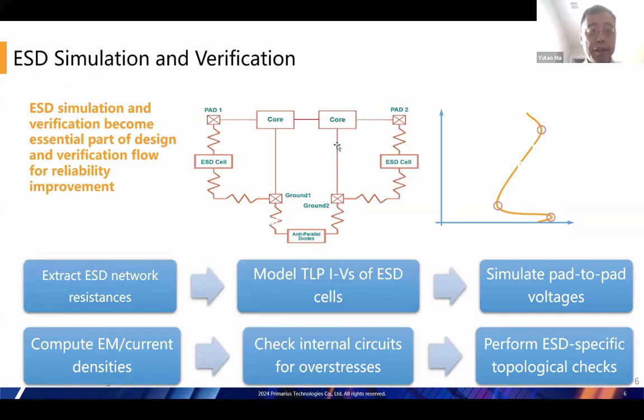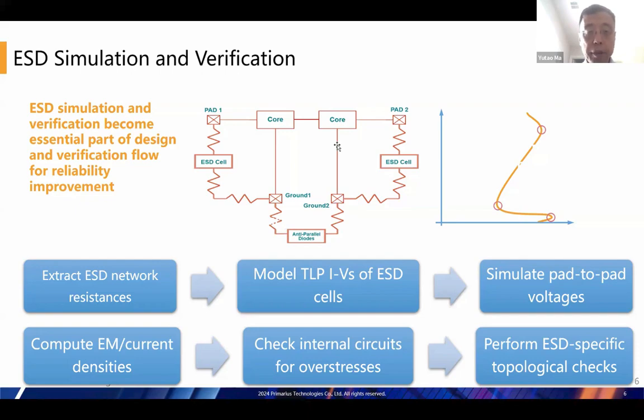Another challenge is ESD simulation verification. Now the chips could have hundreds or even more pins. Each pin has to have an ESD protection circuit. And those ESD protection circuits can also connect with other parts of the design and with each other.